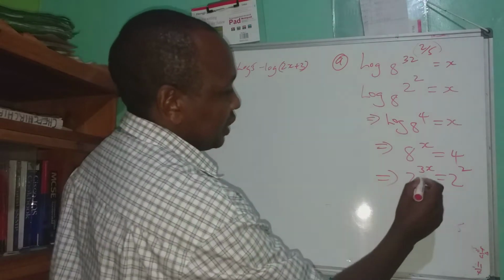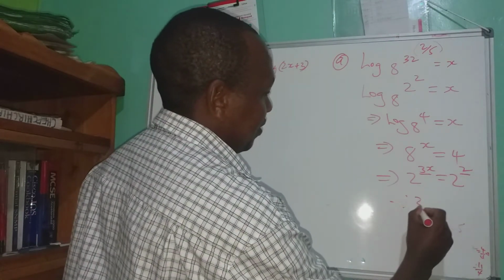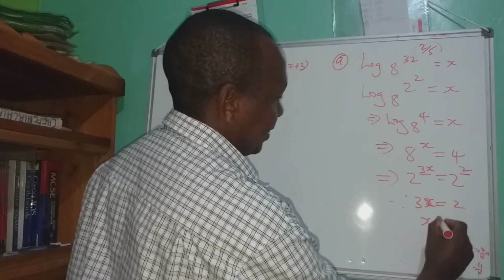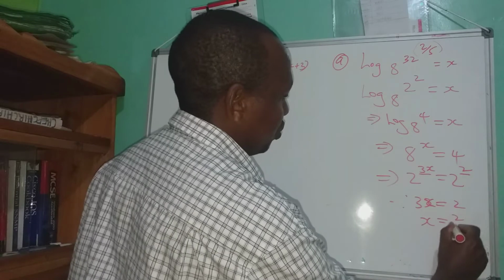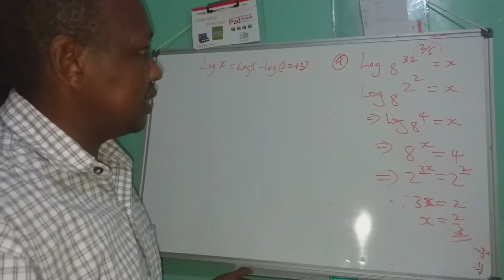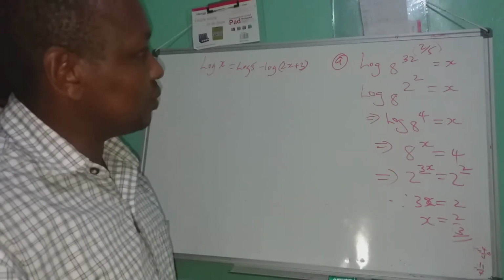And from this expression, you can see that 3x is equals to 2. Therefore, x is equals to 2 over 3. That is how you solve this question.